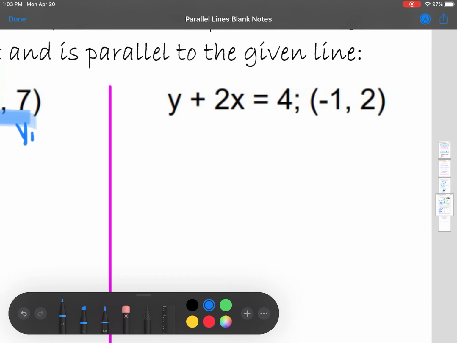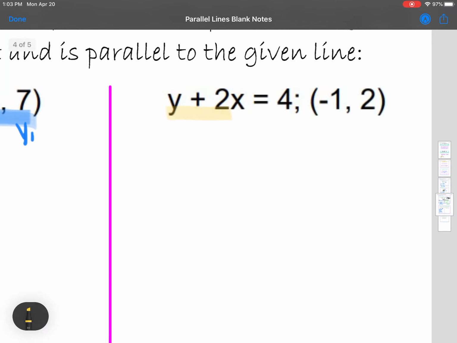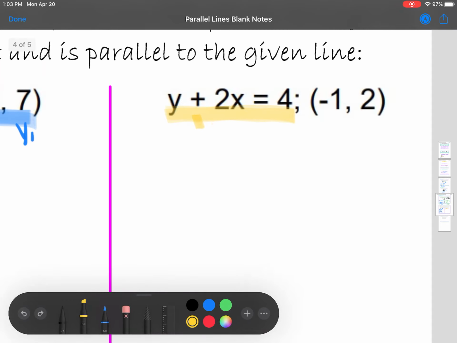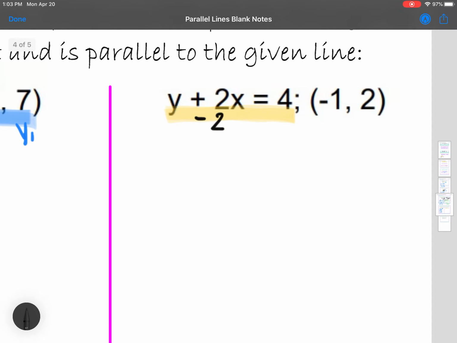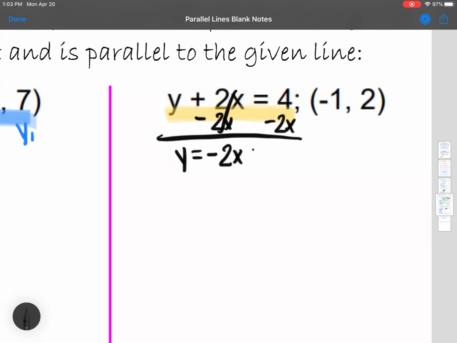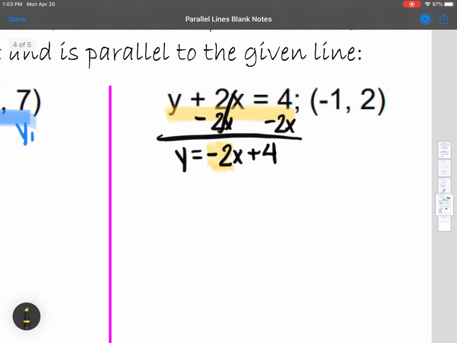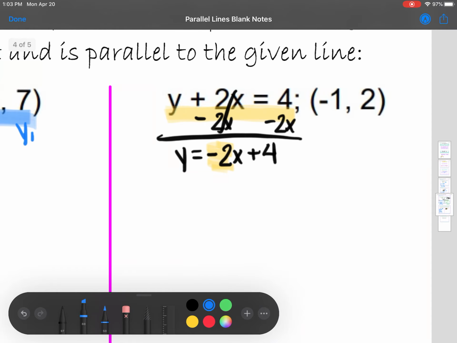Y plus 2x equals 4. I have to put this into slope-intercept form. So to do that, I'm going to subtract 2x from both sides. So I have y equals negative 2x plus 4. This means my slope, my m that I'm going to be using, is negative 2.